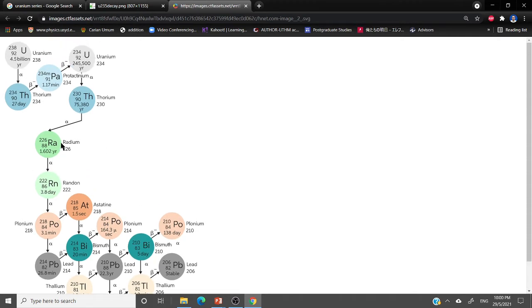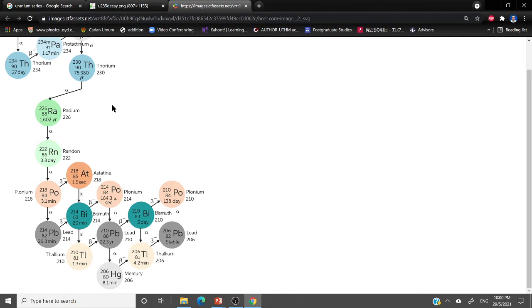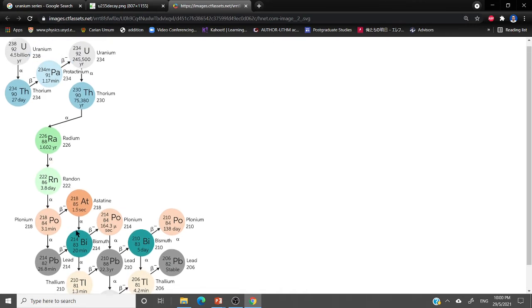The horizontal direction is the number of neutrons. If you go to the right in this figure, your neutron number will, oh no, will decrease.